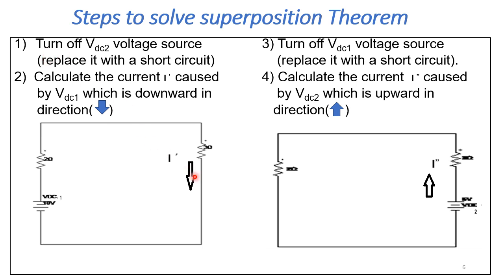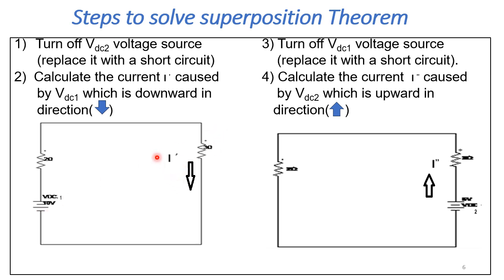Therefore, VDC2 is turned off from the given circuit and replaced by a short circuit. Then calculate the current flowing through this 3 ohm resistance, which is denoted as I dash, due to VDC1.